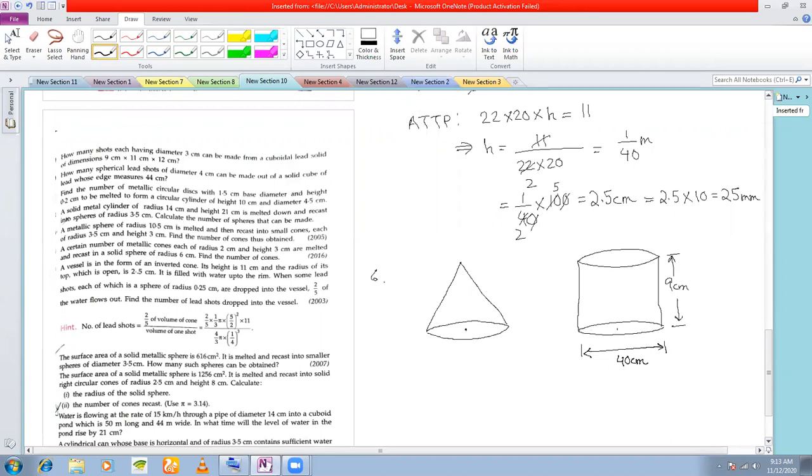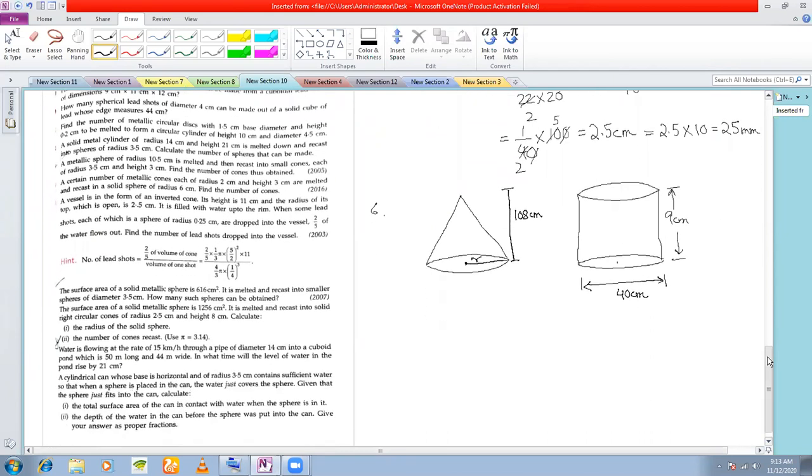That means you have to find out this radius. Let us say this is r. The height of this cone is given to be 108 centimeters. So this is an easy problem, I think.